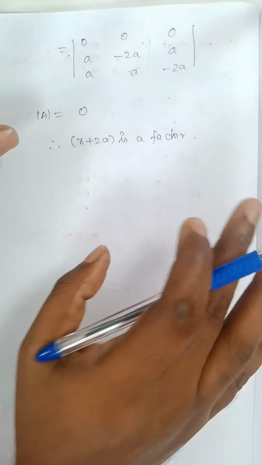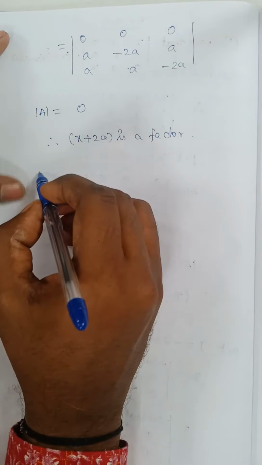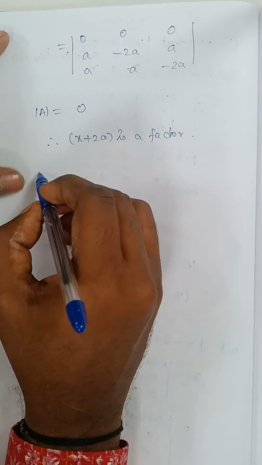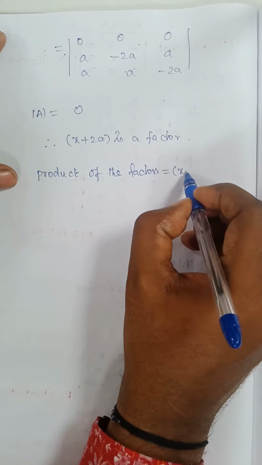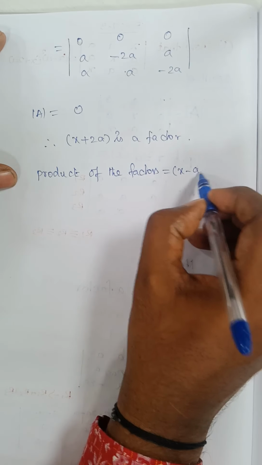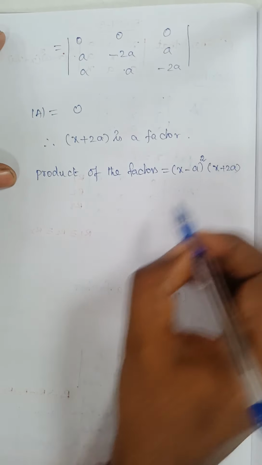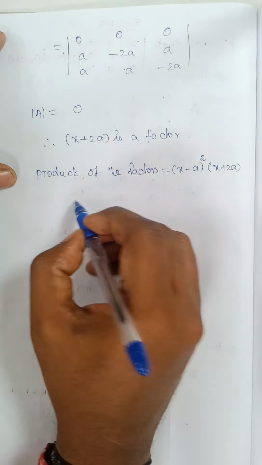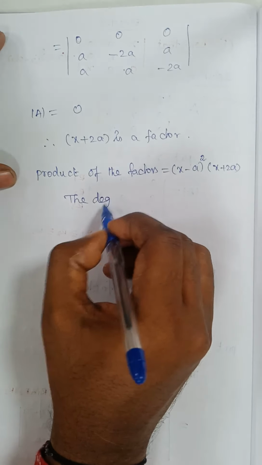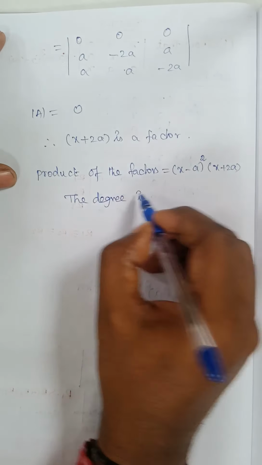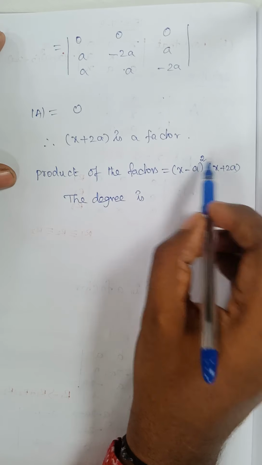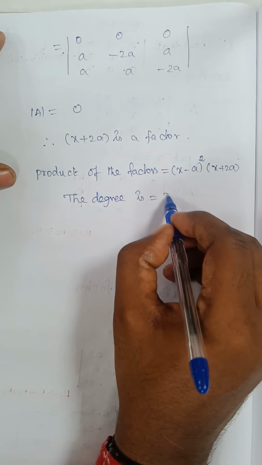Now all factors are found. Next, the product of the factors: (x minus a) the whole square and (x plus 2a). Power 2 and power 1, so the degree is 3.